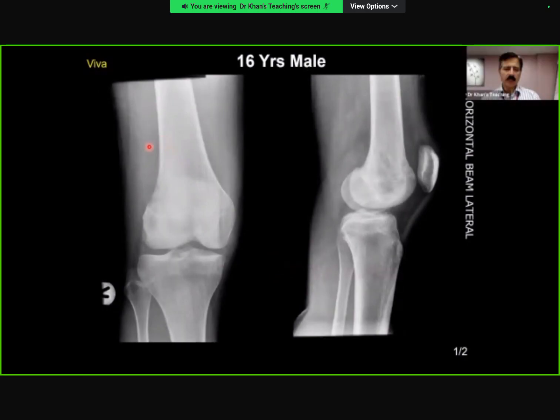What's happening here? So there's some lifting of the periosteum with a subtle new bone formation at the superior aspect, in keeping with a Codman triangle-like periosteal reaction.